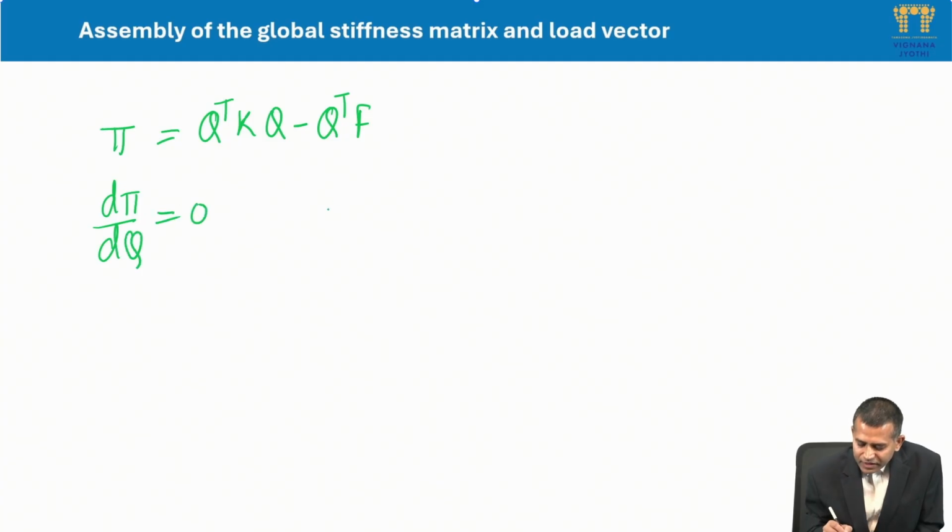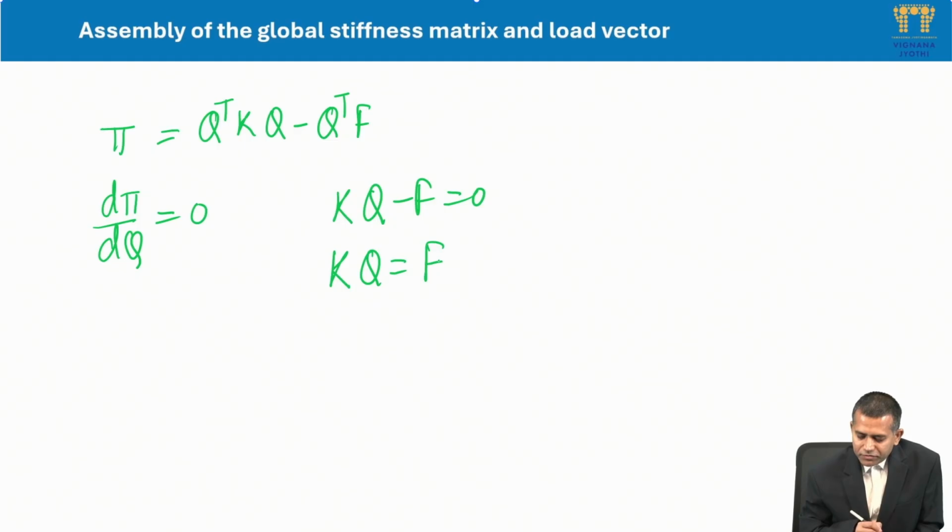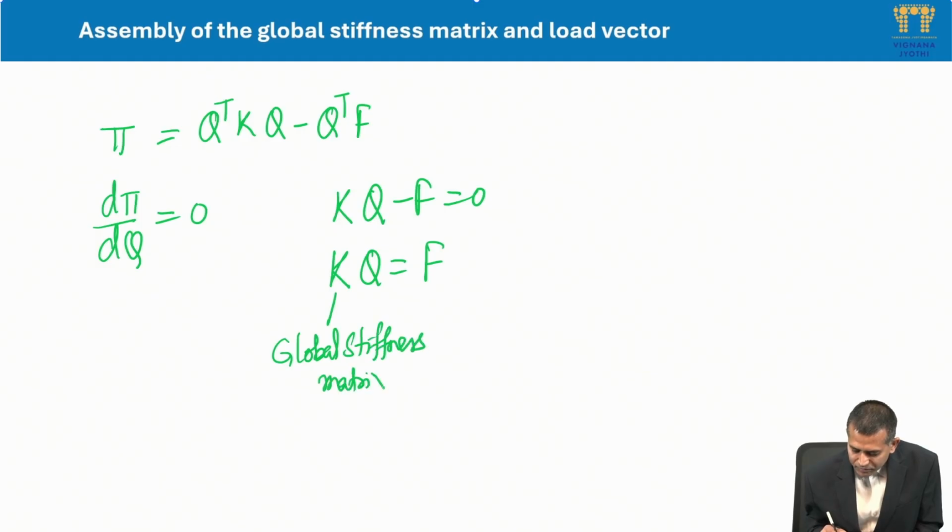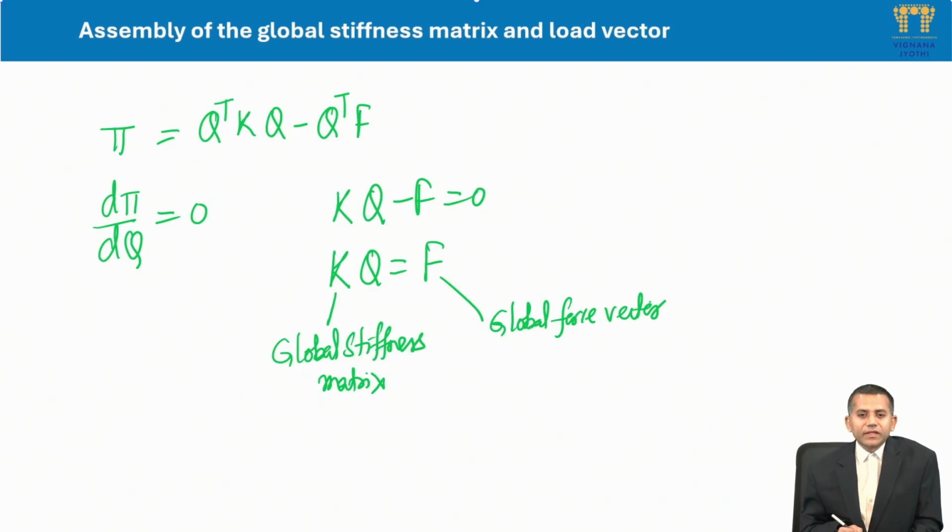Then finally you will get k q minus f equals 0. It's nothing but k q is equal to f, where k is your global stiffness matrix and f is your global force vector. That's why these two are very, very important.